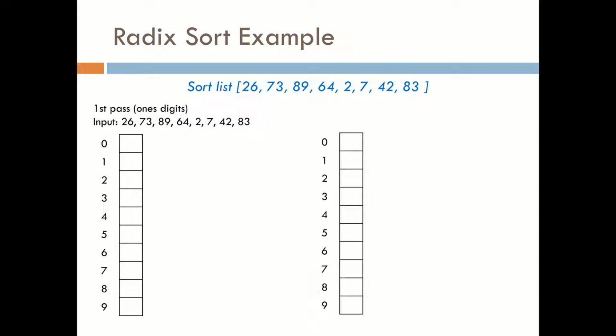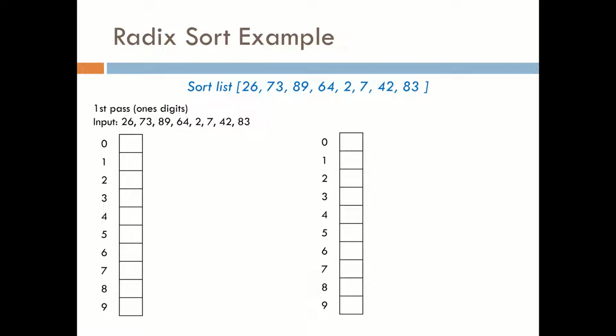This list is obviously not sorted in either ascending or descending order, and we're going to sort this in ascending order. We're going to take each input as it comes in, and place it in the linked list by the value of its ones digit.